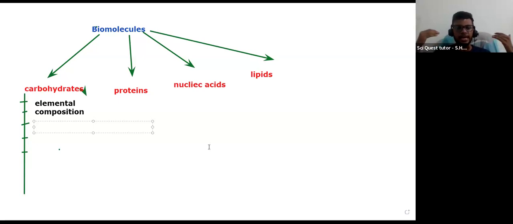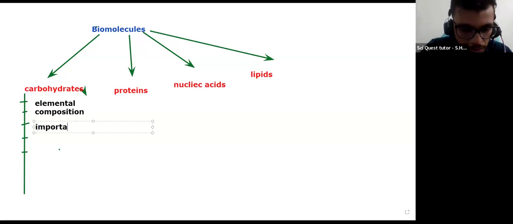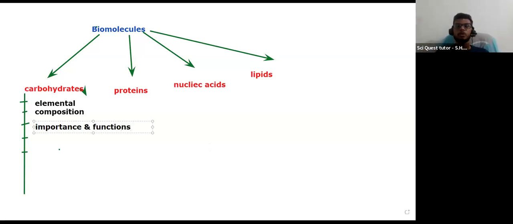That's the entire biosphere we compose, isn't it? So we'll be learning why it's important, and the functions of each. When I give that topic, importance and functions, you're going to list carbohydrate importance and functions, proteins in the other column, nucleic acids and lipids, because they will have their own importance.